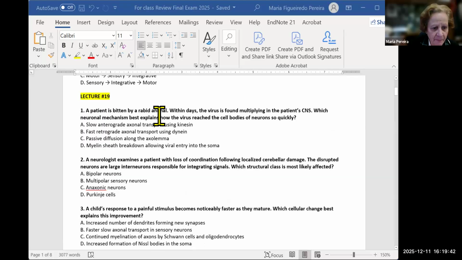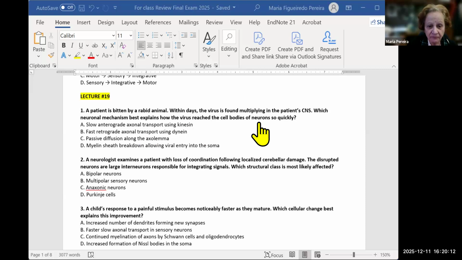Lecture 19. A patient is bitten by a rabid animal. So rabies. This animal is infected with the rabies virus. Within days, the virus is found multiplying in the patient's CNS. Which neuronal mechanism best explains how the virus reached the cell bodies of neurons so quickly?